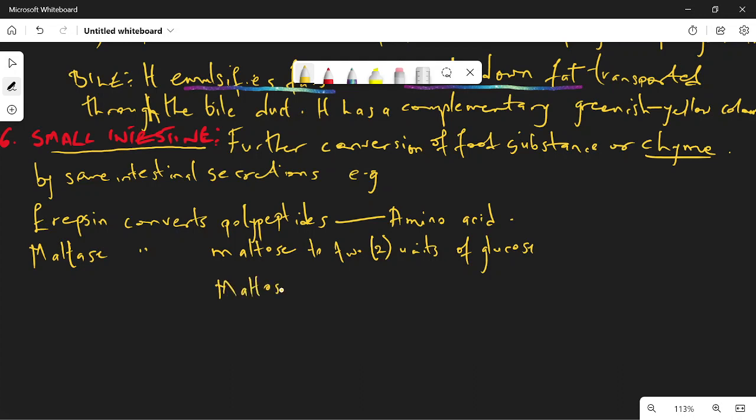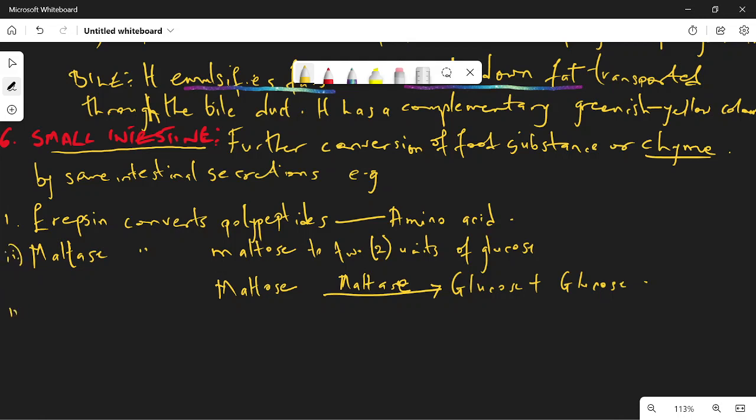Maltose is converted by maltase to glucose plus glucose. And then we have another one. Okay, this is the first one we talked about. Then this is the second one.